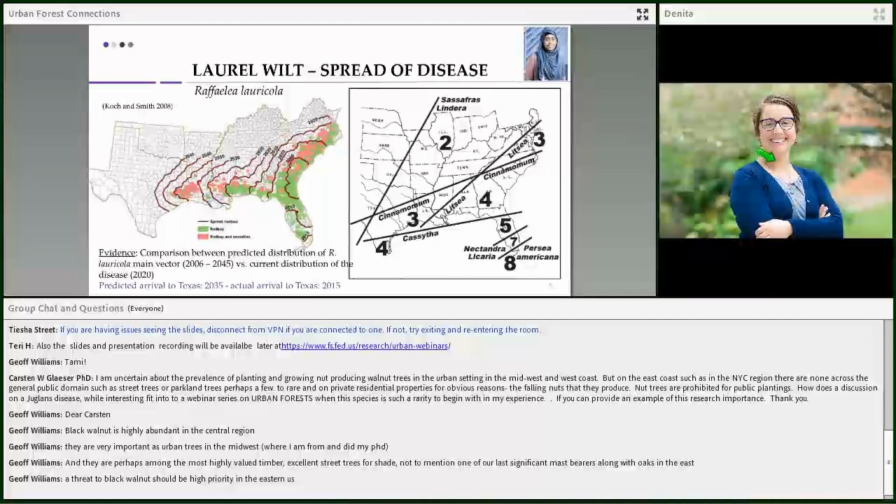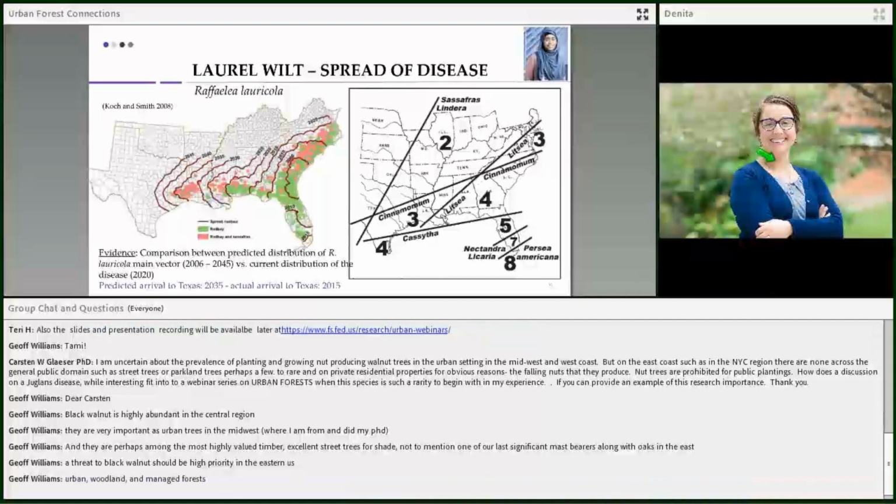So this is part of the PhD dissertation of my student, Meher Oni. And the reason we are concerned with laurel wilt, it extends according to the projections beyond the border of the Southeast. So it was based on the projection in 2008.